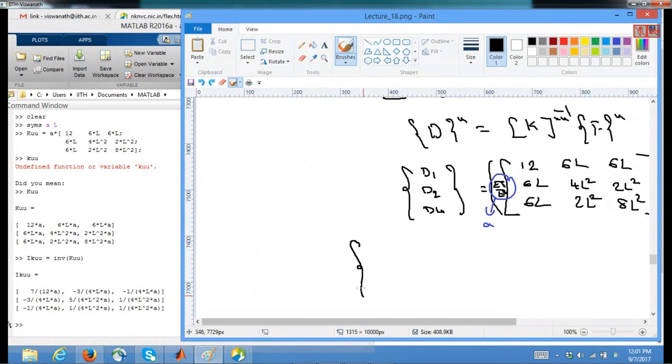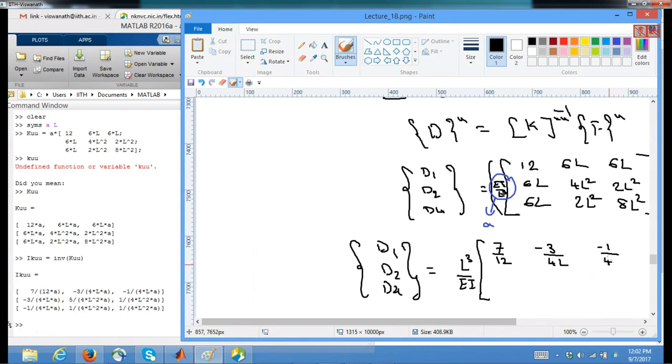So D1, D2, D4 is equal to L cube by EI into 7 by 12, minus 3 by 4L, minus 1 by 4L, minus 3 by 4L, 5 by 4L square, 1 by 4L square, minus 1 by 4L, 1 by 4L square, 1 by 4L square. Let me just compare my result. Great.